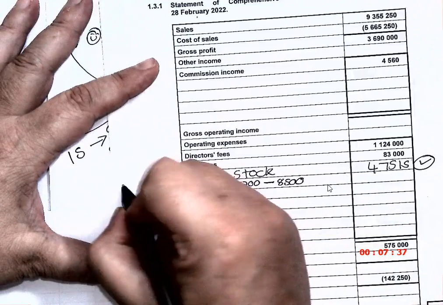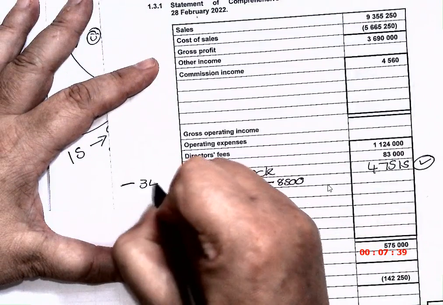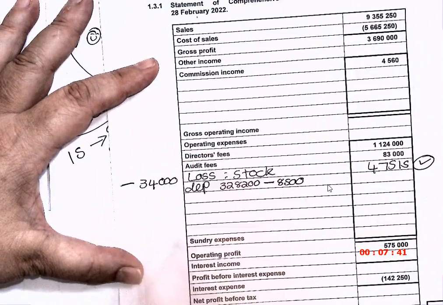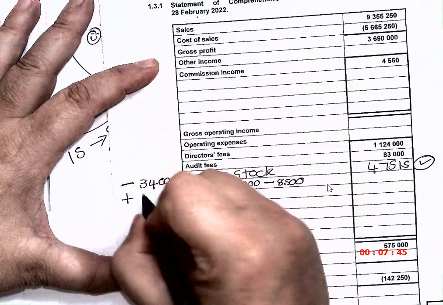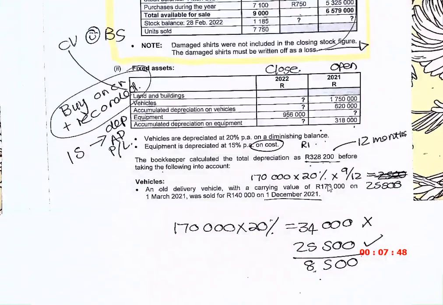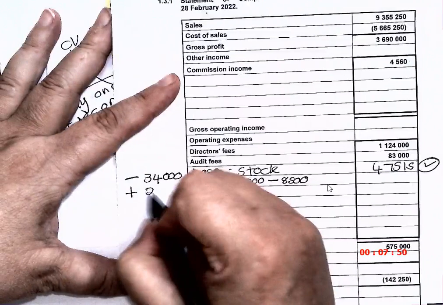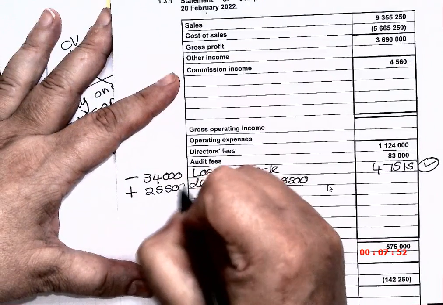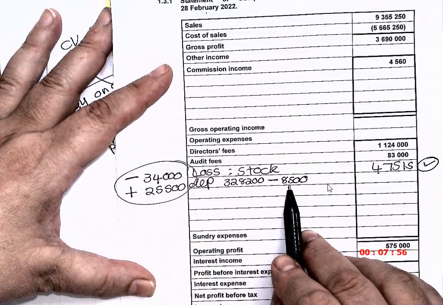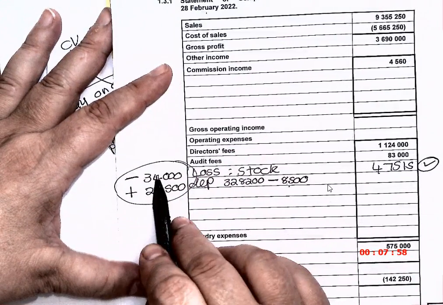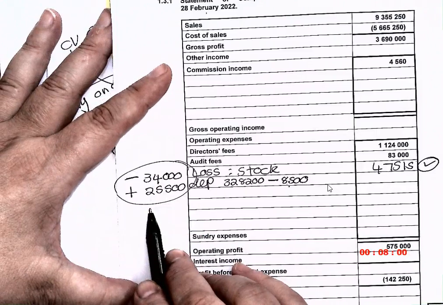You can subtract the 34,000, take out the wrong one and add the right one, which was 25,500. You can do it that way as well. It's the same as the less 8,500. Is everybody with me? I take out the wrong, I put in the right.